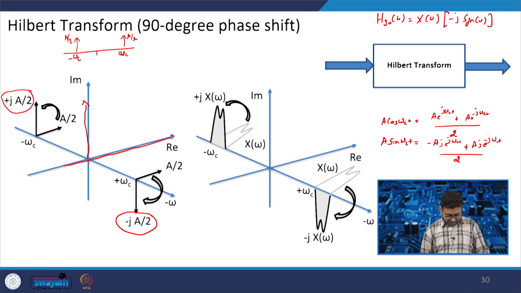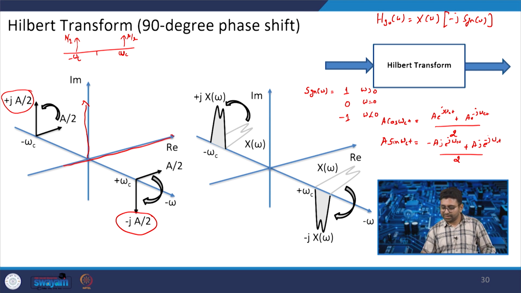The signum function of omega is equal to 1 for omega greater than 0, 0 for omega equal to 0, and minus 1 for omega less than 0.